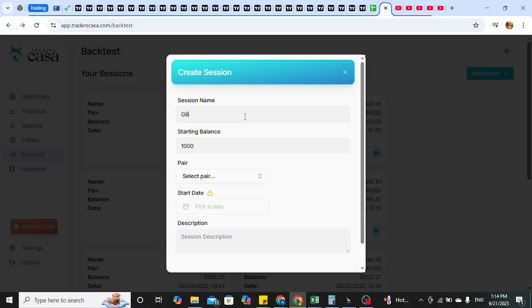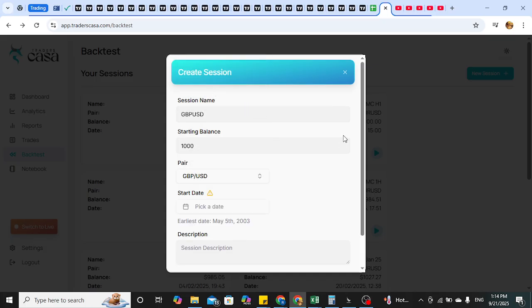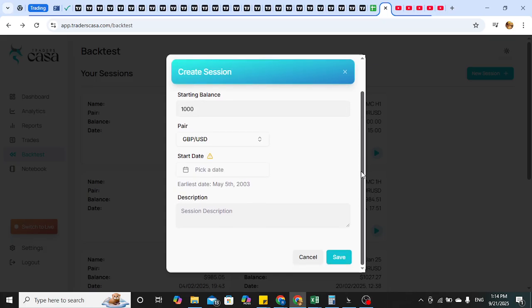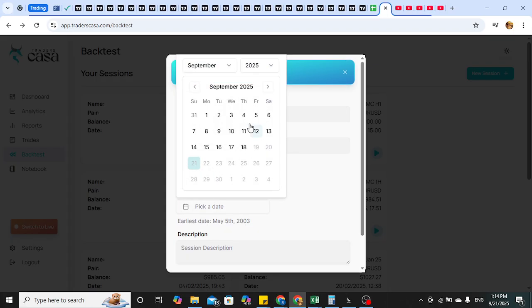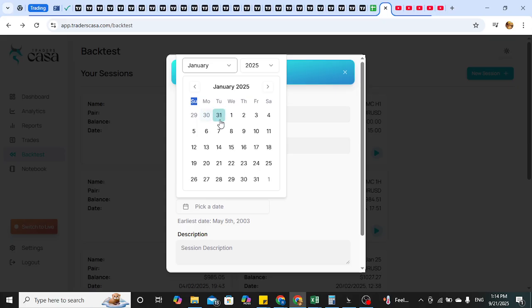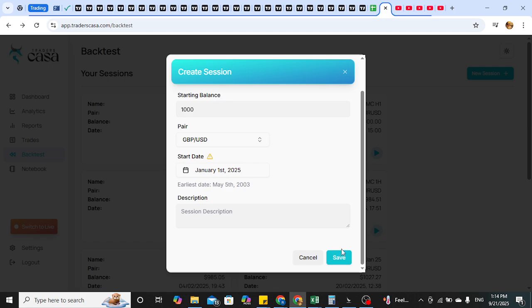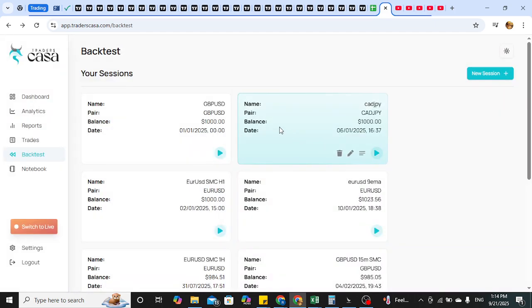So the name is GBP USD, and we'll select the pair here, and we'll again go to the 1st of January just to give us enough time to move forward. Okay, so let's save it, and GBP USD, let's play.